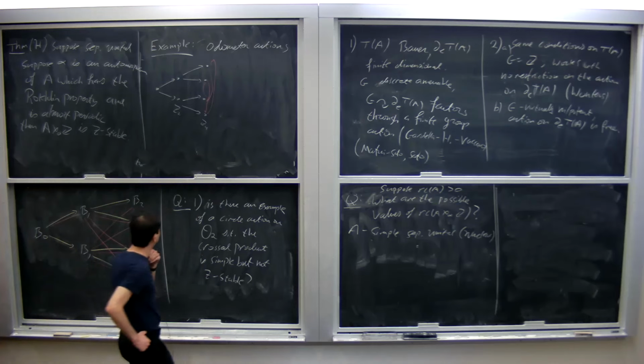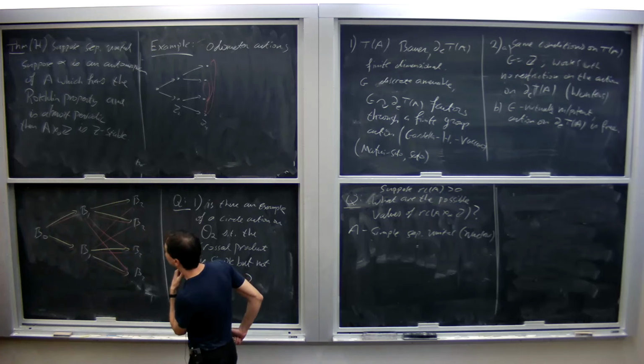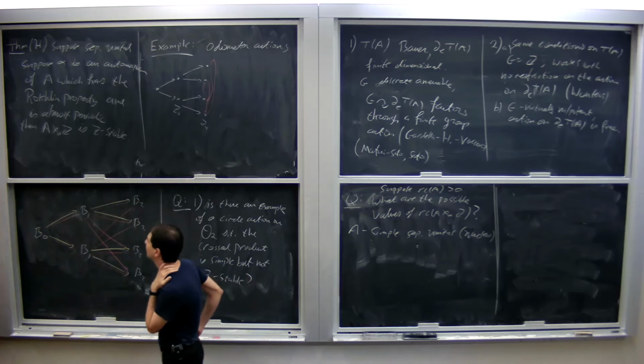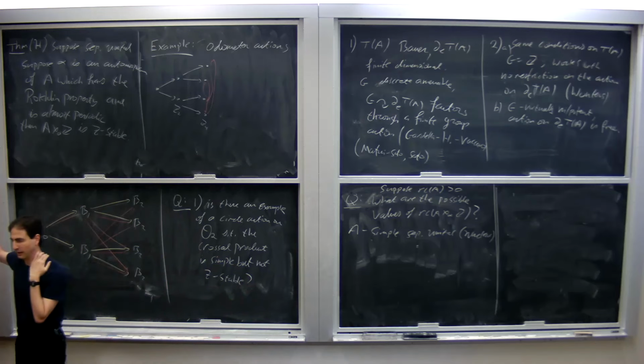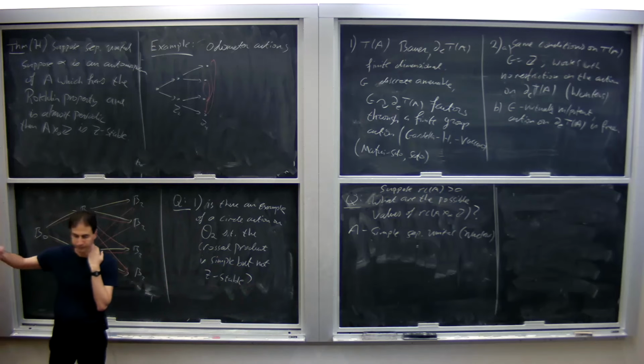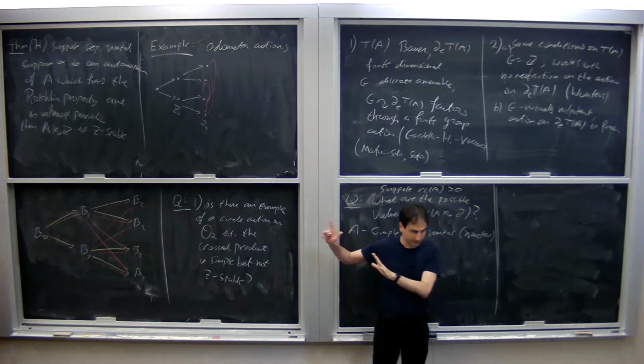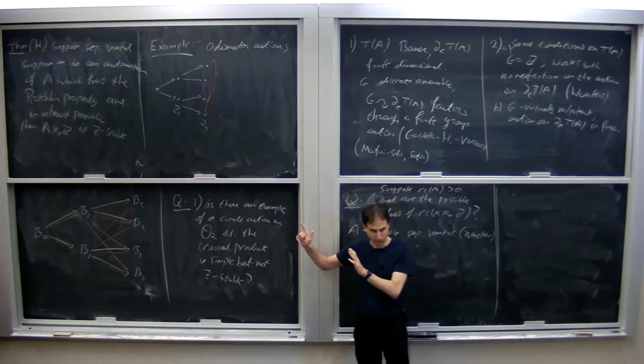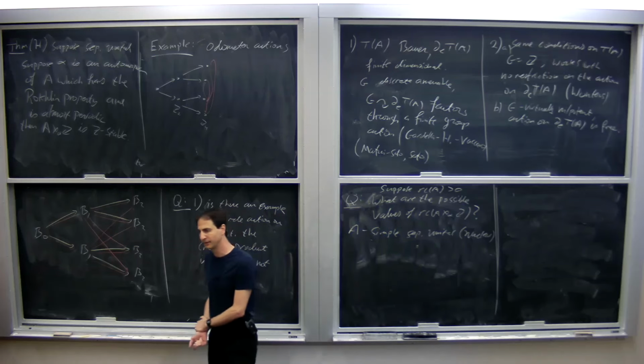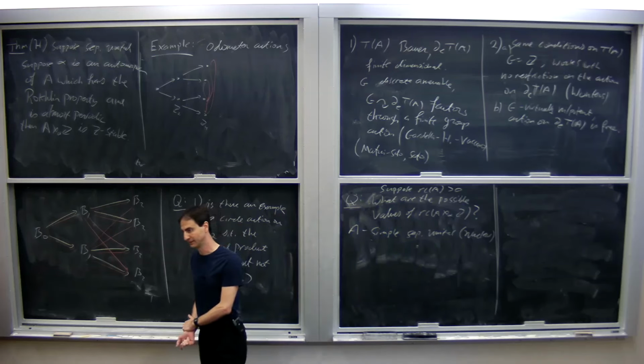But one thing we could notice is if we take a dense copy of the integers inside the circle, let's say by an irrational angle, then the cross product of that may well be Z stable, and most likely is, but the fixed point subalgebra is the same.